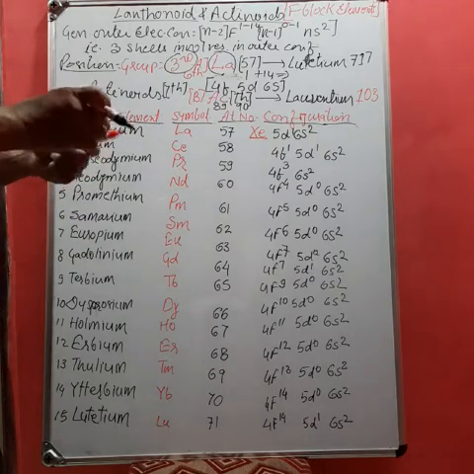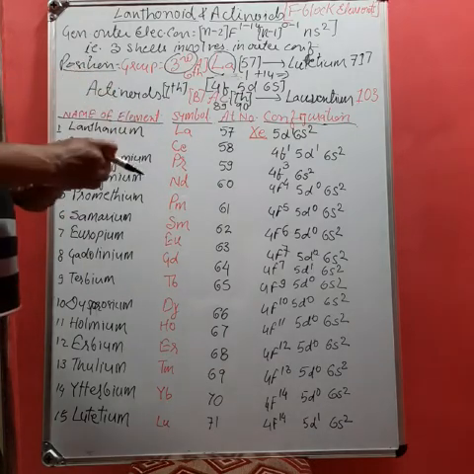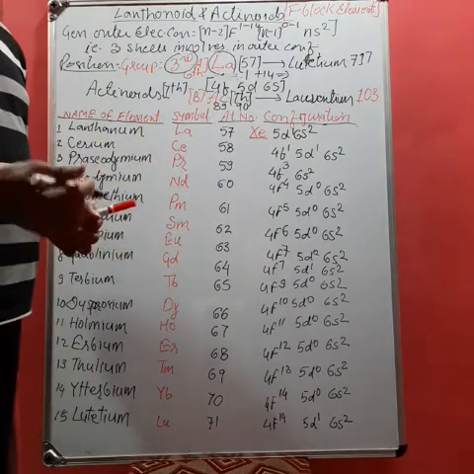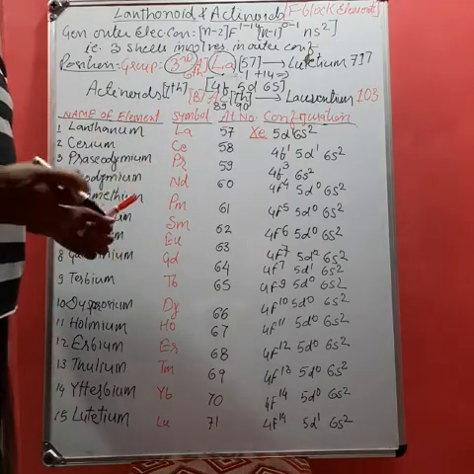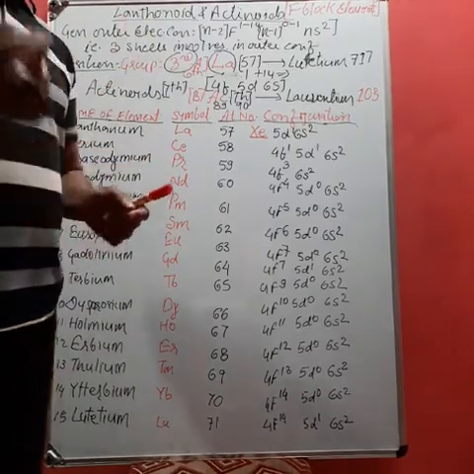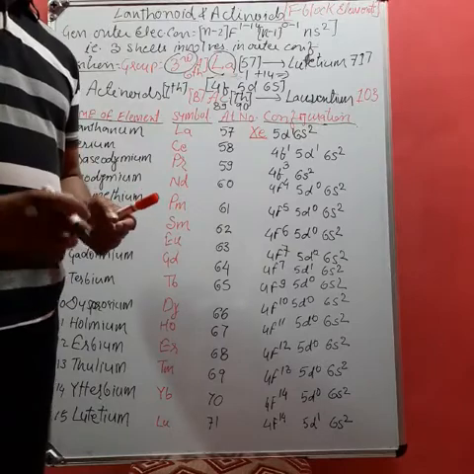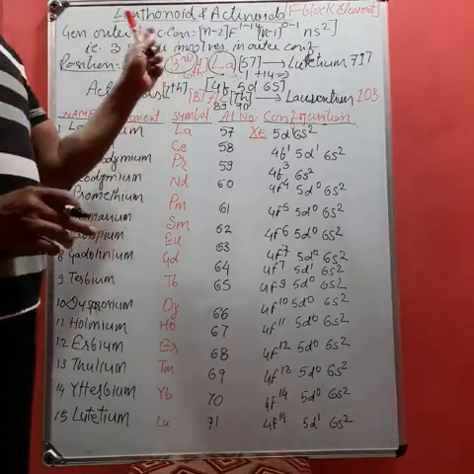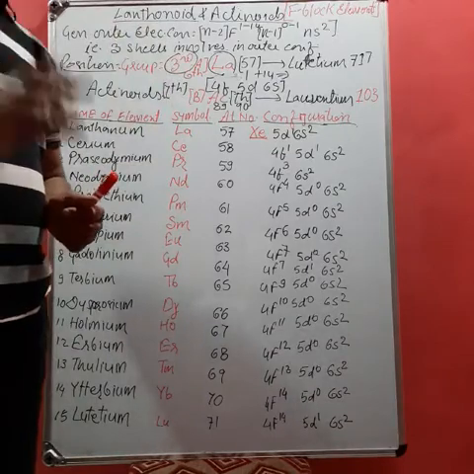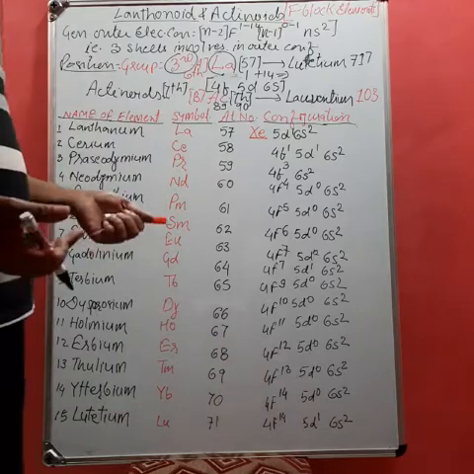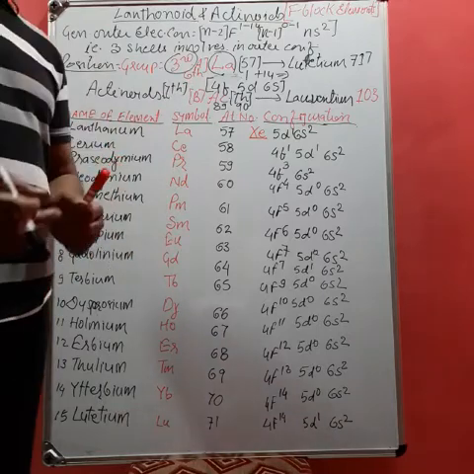So this is the position of lanthanides and actinides. Actually, student, the name lanthanide is on the basis of the elements which follow lanthanum. Therefore, they are called lanthanides. Earlier, they were known as the rare earth elements, because their abundance is very, very less. The properties of all 14 elements are almost the same, therefore it is very difficult to isolate them.